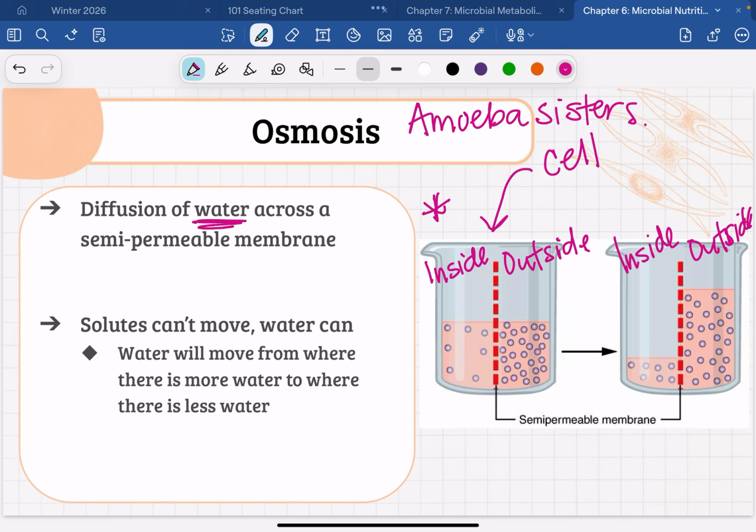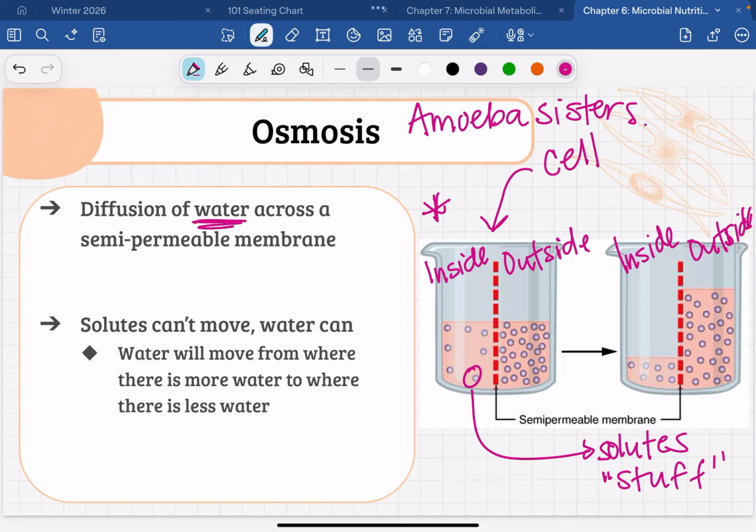Now the solutes are the stuff in the water, okay? So it's these little purple dots. These are solutes, and that can be anything, but it just basically means whatever stuff is floating in the water. That can be proteins or sugars or other cells, or full salts like sodium chloride. It can be anything. It just means stuff.